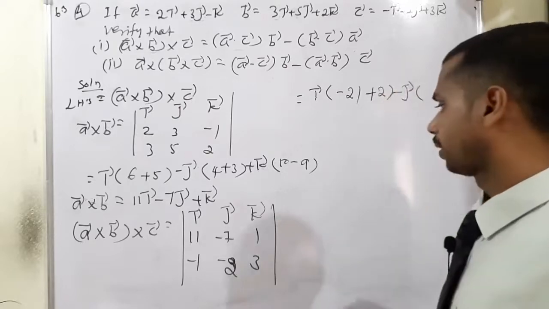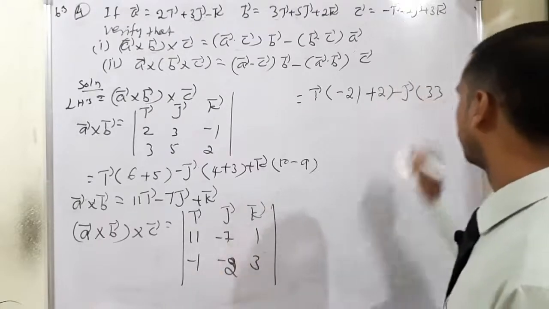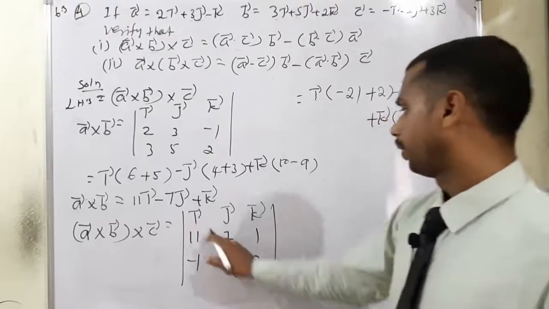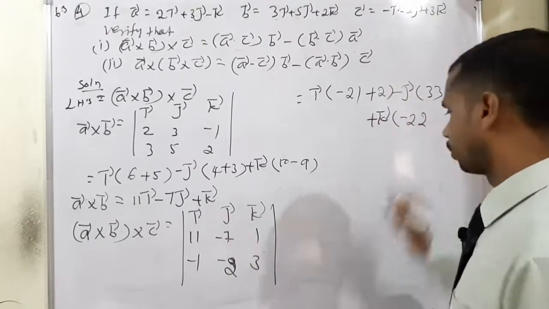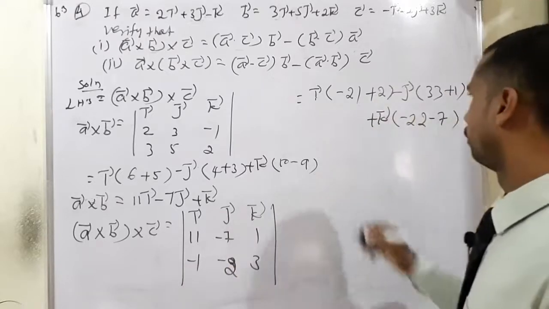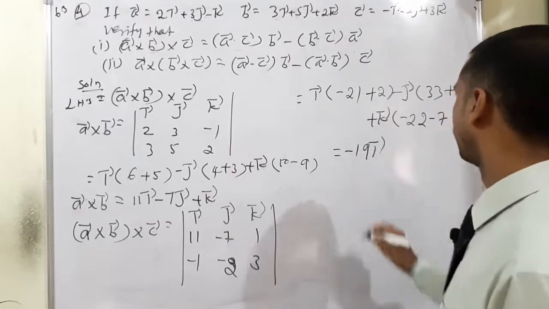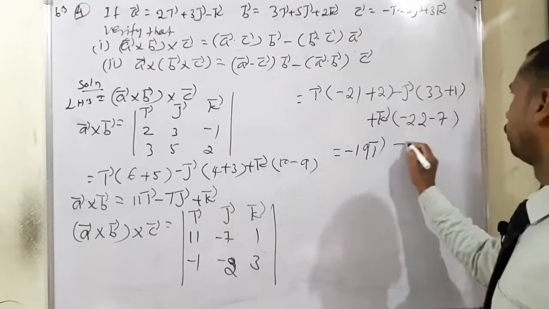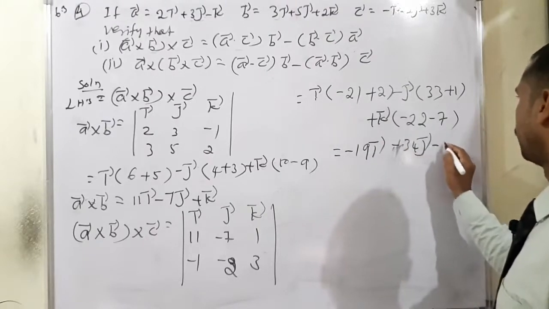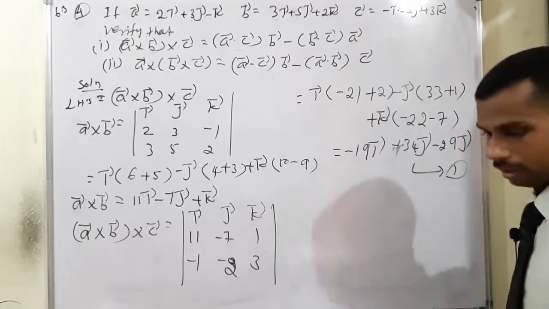Minus j vector: 11 into 3 is 33, minus 1 into 1, minus 1, but positive 1. Plus k vector: 11 into minus 2 is minus 22, minus 1 into minus 7 is positive 7, so minus 15 will come. So minus 21 plus 2 means minus 19 i vector, 33 plus 1 means minus 34 j vector, and k vector. This is equation number 1, okay.